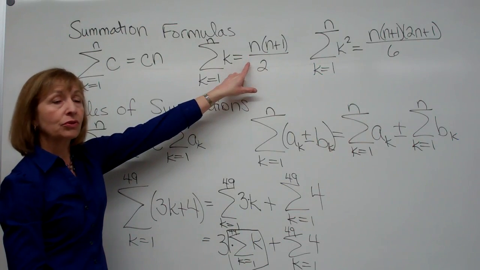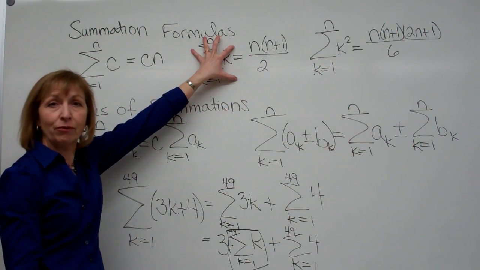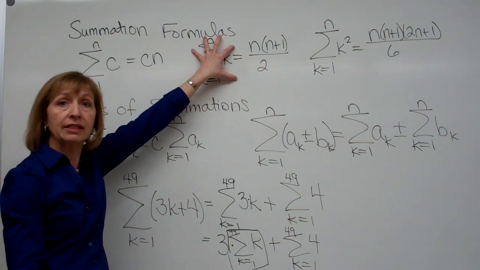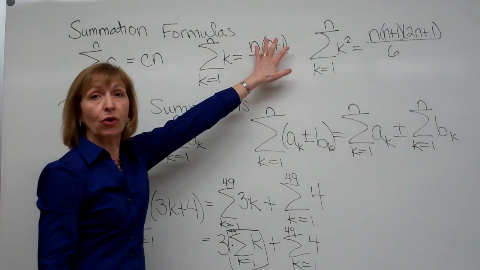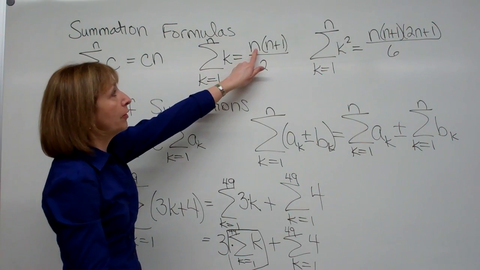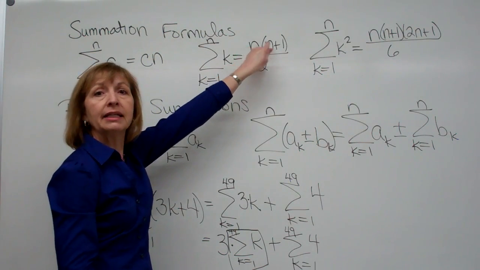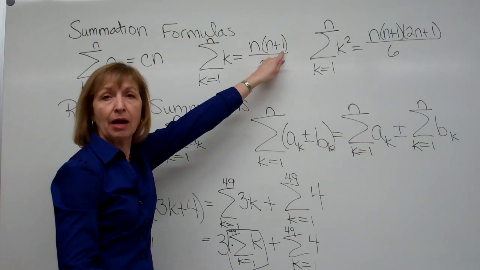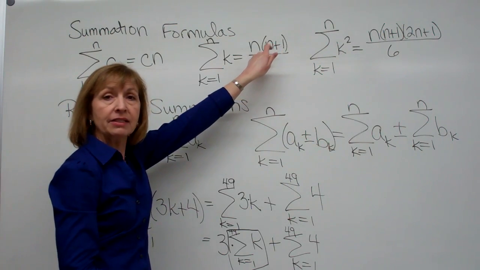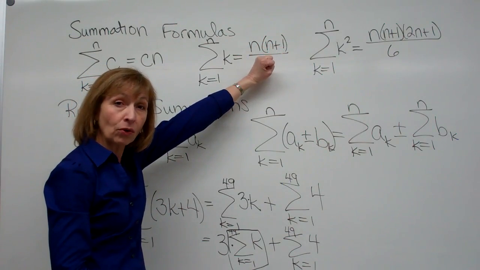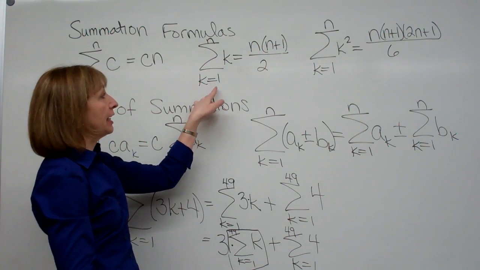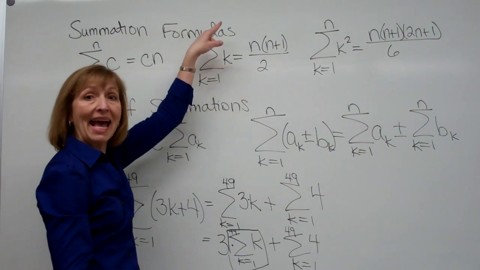And it goes to the quick way of finding this total instead of listing them all out and adding them up: by just taking your top number, multiplying it by your top number plus 1, and then dividing that whole answer by 2, and that will give you the same total as if you took each of these individual numbers and added them up.